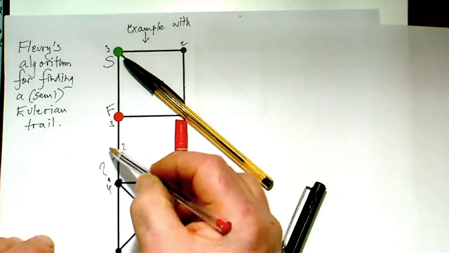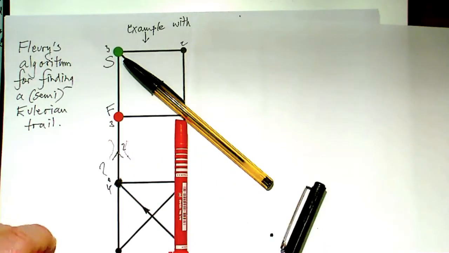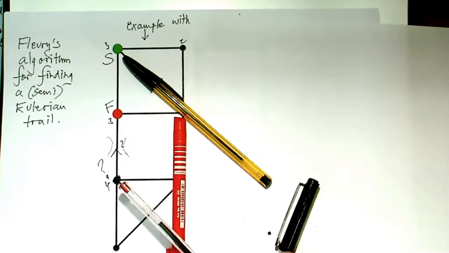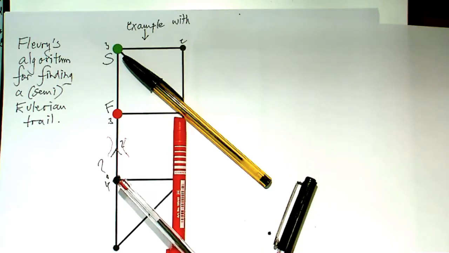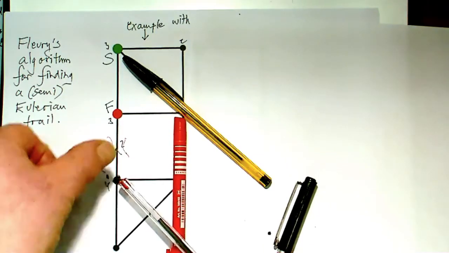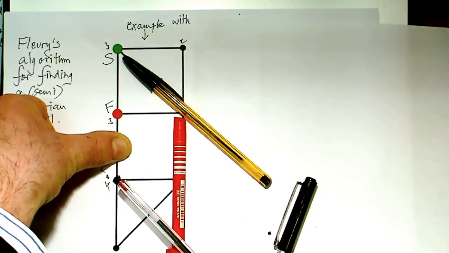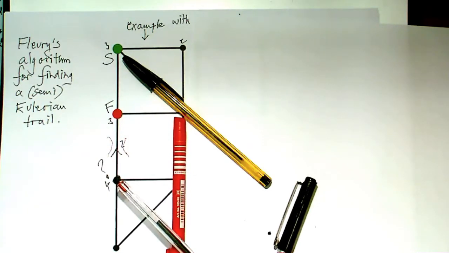this thing with the question mark here, this is a bridge. It's a bridge not for the original graph, but for the graph you've got to at this stage of the game. Okay, and so if you look at that graph in which I've removed with the pens the various edges, if I remove this edge, I get 2 components and it's a bridge. So obviously I can't go along a bridge.